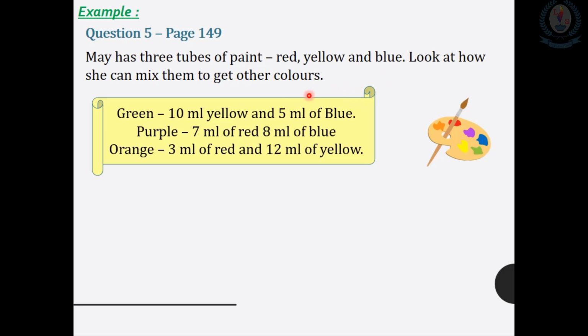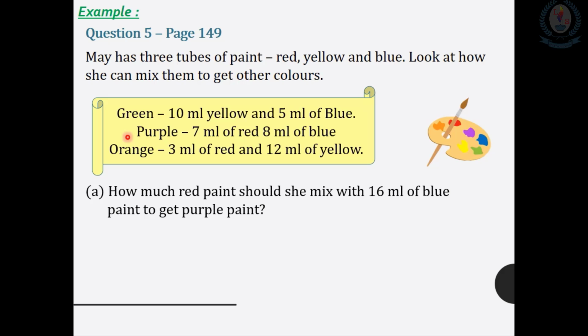To get the purple color, she has to mix 7 milliliters of red with 8 milliliters of blue. To get the orange color, she has to mix 3 milliliters of red with 12 milliliters of yellow. We are going to the first question asked.